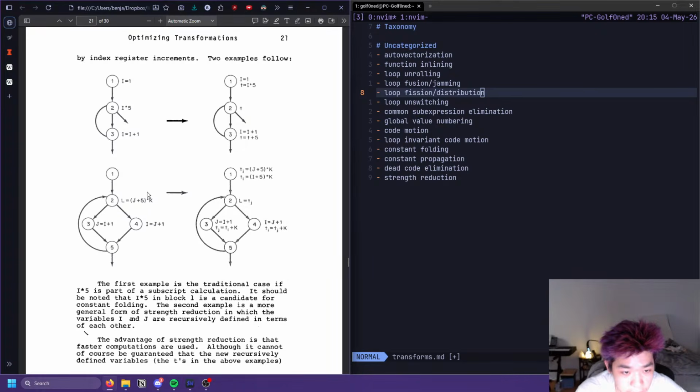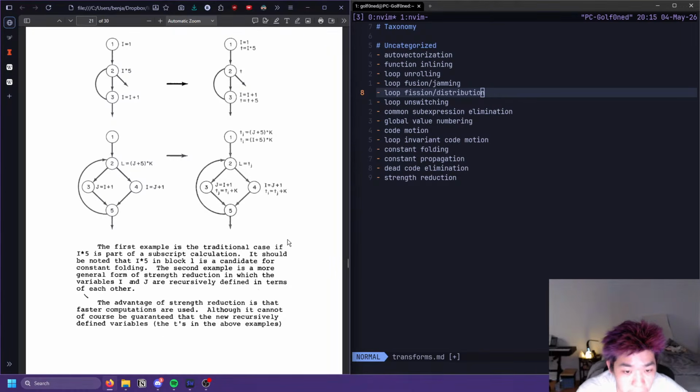Okay, what is happening here? More general form of strength reduction. So then, wait, what? Okay, so they are recursively defined.